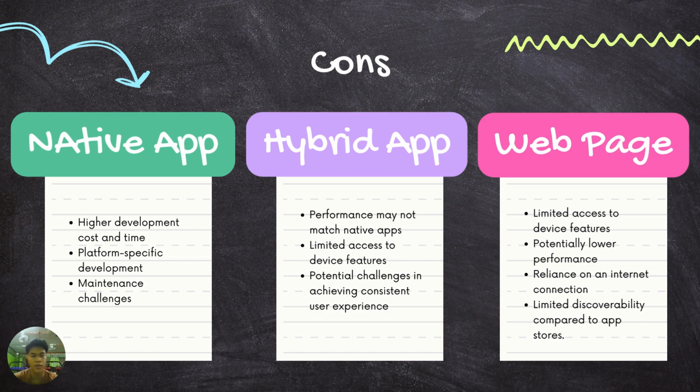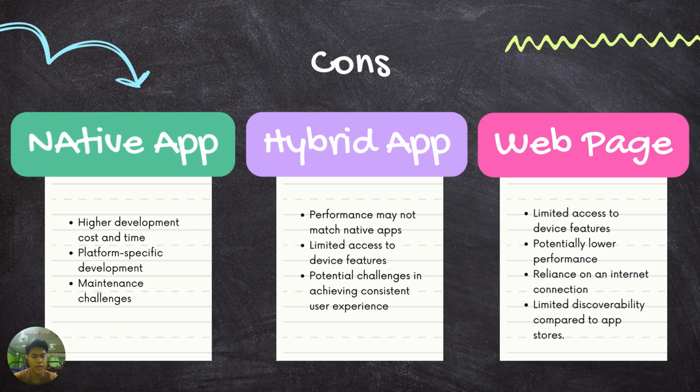While the web page cons is it has limited access to device features because it is the same as a hybrid app. It uses the HTML, CSS, and JavaScript languages. It is also potentially lower performance because in the real world, I think we can all experience that a mobile application is much easier to use than a web page.